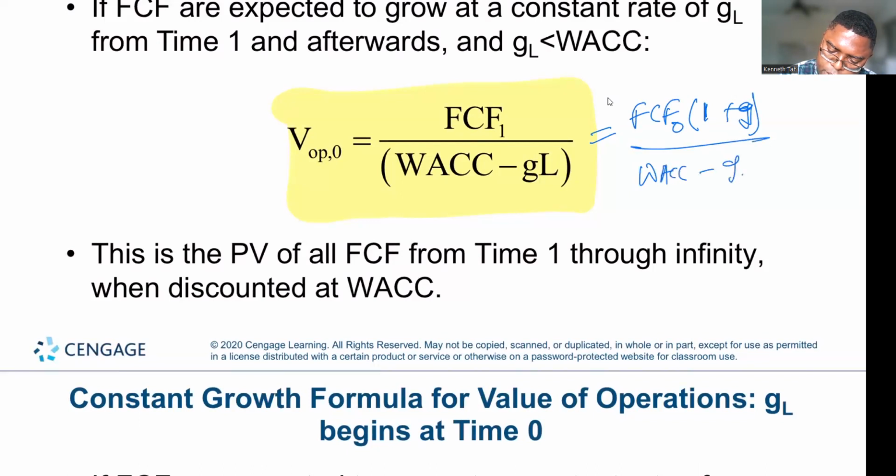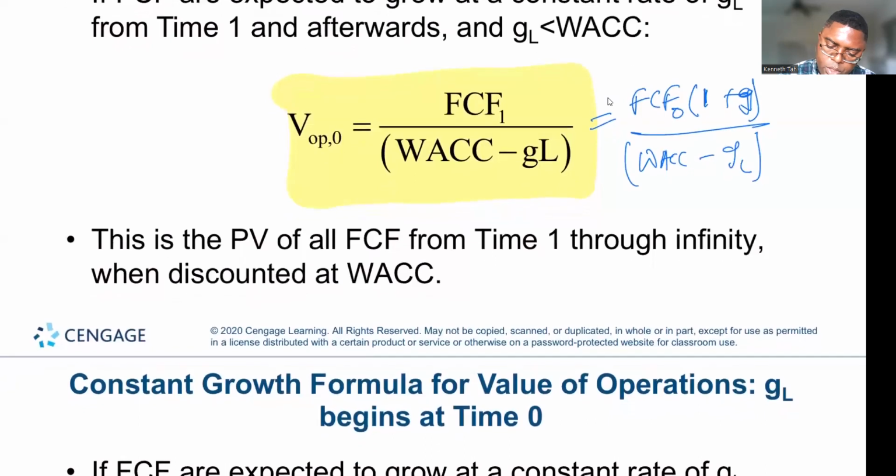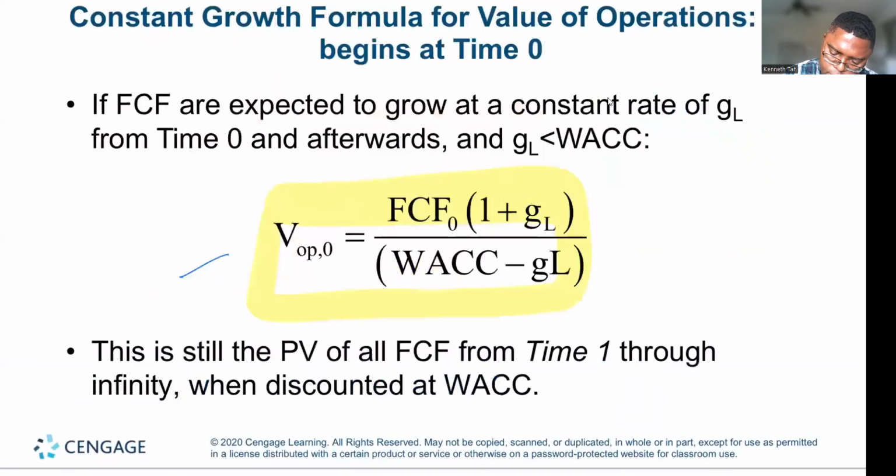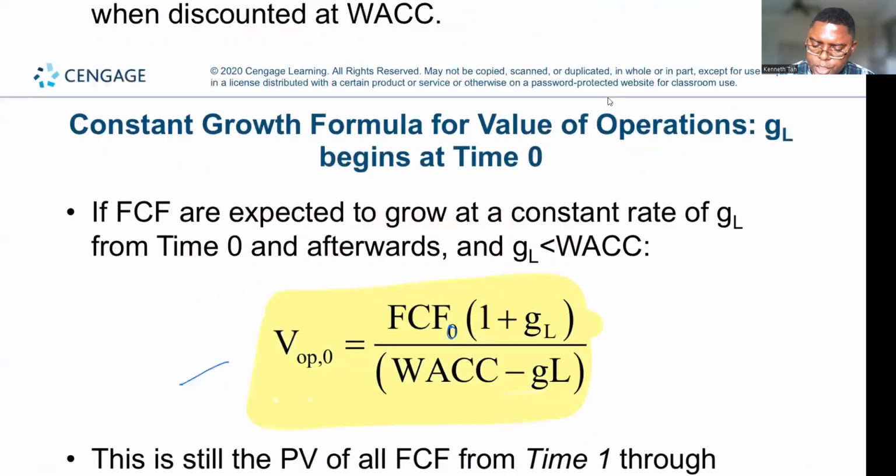Divided by WACC minus g. So it's the same thing. So either we use this or we use this, it is the same thing. Because what we find here is that this now is to the power 0 times 1 plus g.